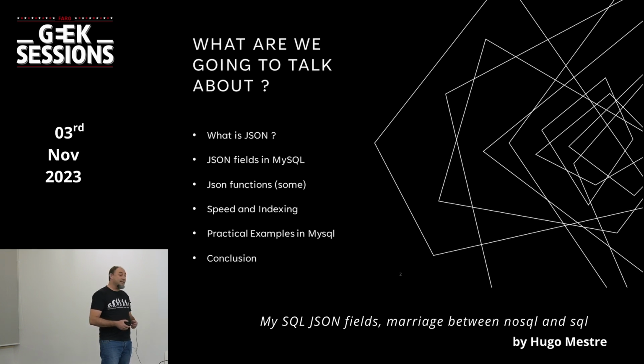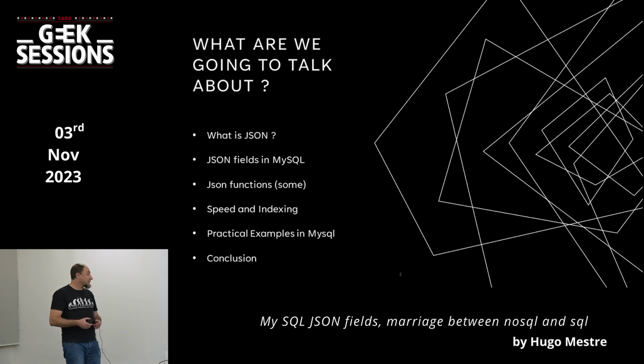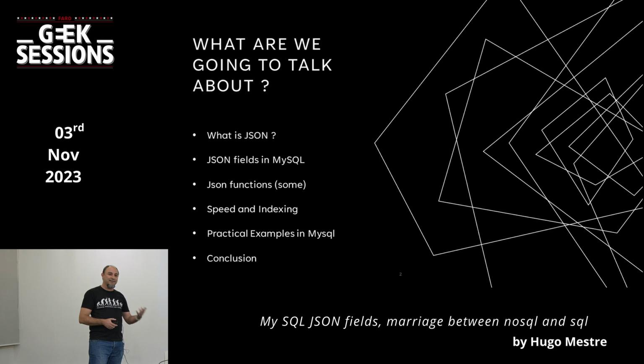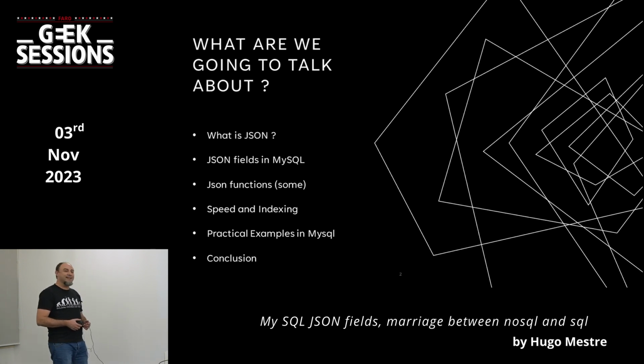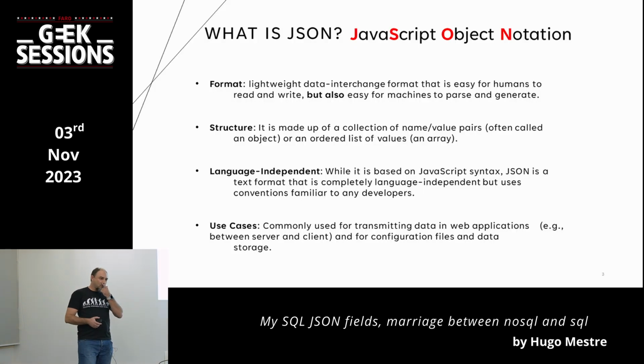The speed in indexing, this is something really very special also in MySQL. And practical examples in MySQL, let's see how this goes, because this projector is not the best thing, so I'm trying to see the code and complex queries. I don't know how that is going to show, but let's see how it goes. And a small conclusion. So, what is JSON?